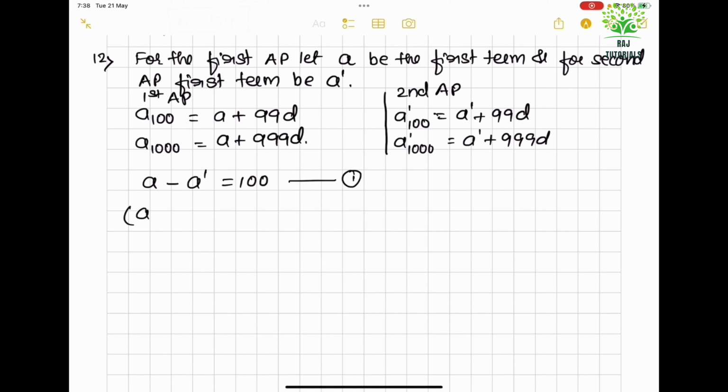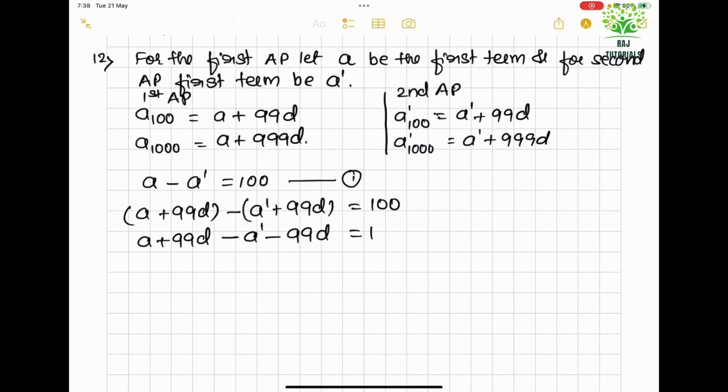So can we put here the values (a plus 99d) minus (a dash plus 99d), so 100. So here if I open the bracket, minus a dash minus 99d equal to 100. So 99d will get cancelled. So a minus a dash equal to 100.